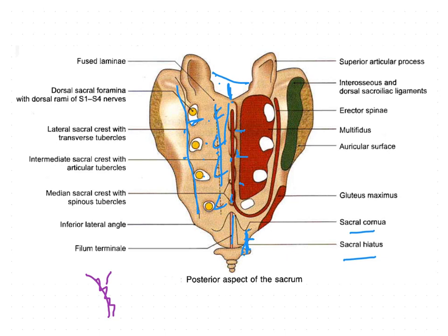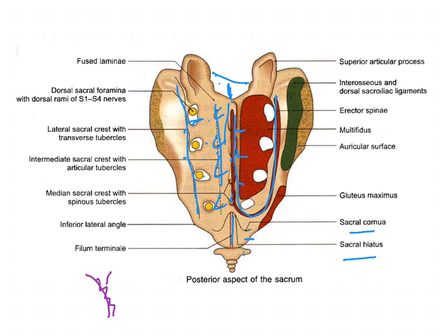attachments, in the attachments, the erector spinae muscle arises from the area in a U-shaped manner from the spinous processes and transverse tubercles. So here you can see the U-shaped thing. This U-shaped manner gives origin to the erector spinae muscle.